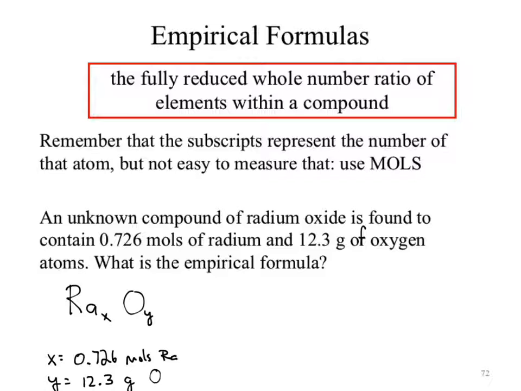Okay? So there's my first calculation. I'm going to take 12.3 grams of oxygen, and I want to convert it into moles of oxygen. How do I do that conversion? Well, I need to get rid of grams and get moles. Where do I find that conversion factor? Periodic table, and that number would be 16 what?